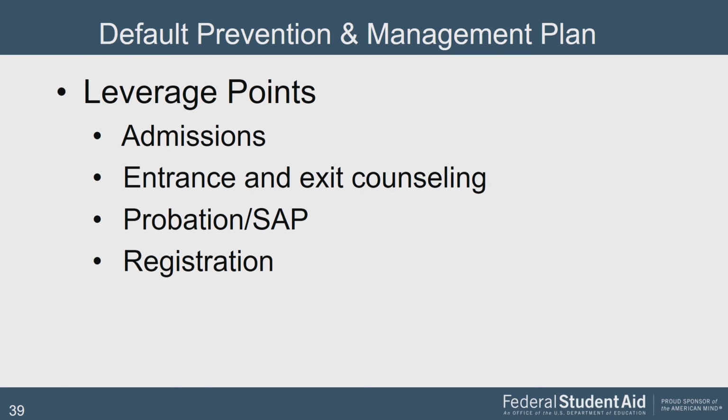Probation SAP, folks. Your SAP policy affects your cohort default rate. Take a look at your SAP policy. Is it meeting the needs of your students? I was visiting a community college not too long ago, and after the first term, a student had to have a 2.0.